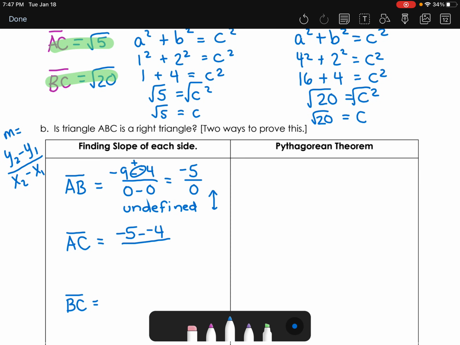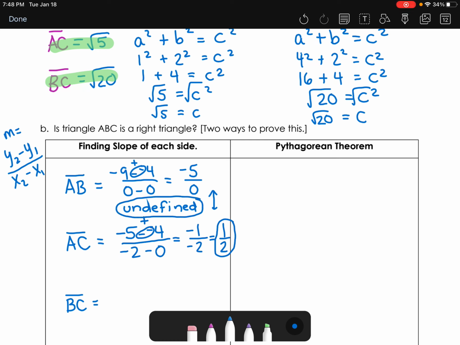Okay. I'm trying to go slow so I don't get you dizzy again. Two negatives make that positive. So we've got -1 over a -2, and a negative divided by a negative is a positive. So the slope of the second line is 1/2. And the slope for AB is undefined.